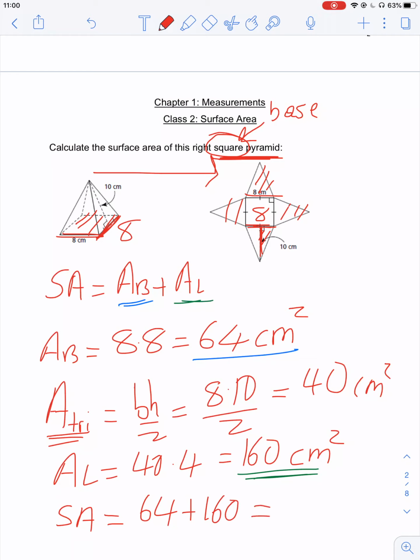Yeah, 224, okay, 224 centimeters squared. Okay, so here I want you to put the units, okay? If you don't put the units here, here, and here, I am not going to dock any marks off, but on the final answer, you should have your units, okay?